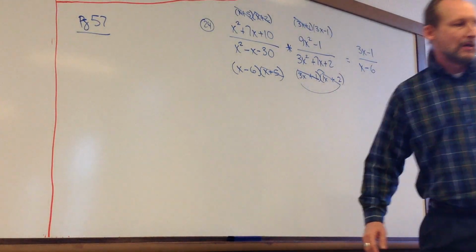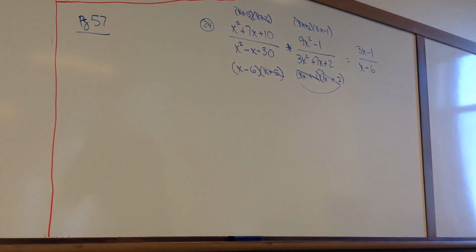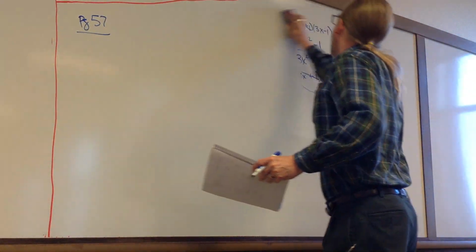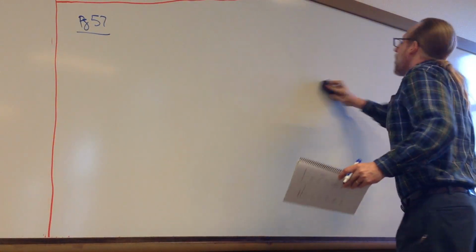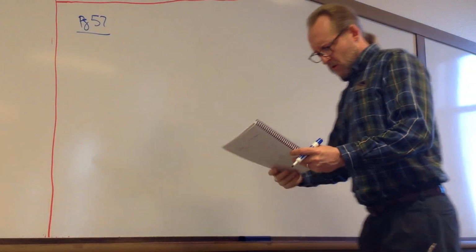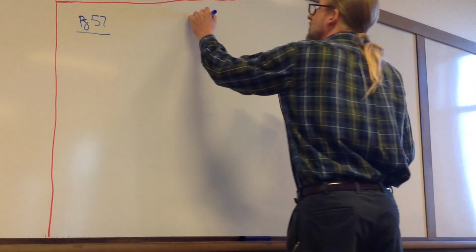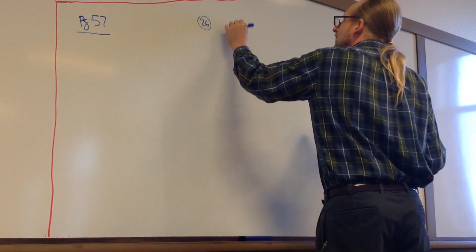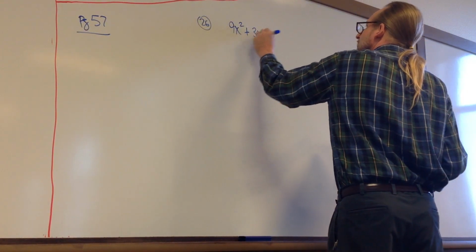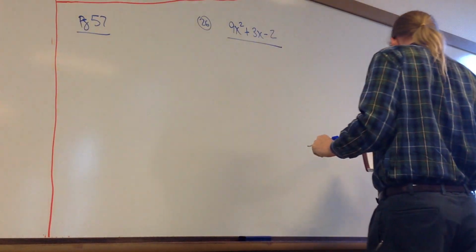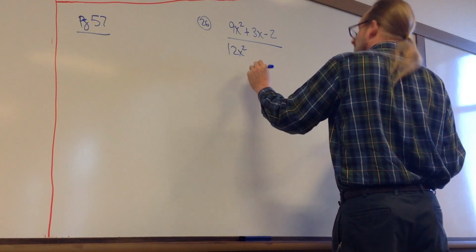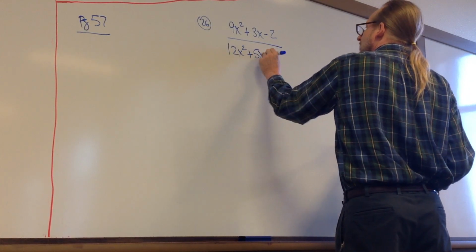Okay. All right, let's look at one more here in section 1.6. So, problem 26, we start out with 9x squared plus 3x minus 2, and then on the bottom, 12x squared plus 5x minus 2.